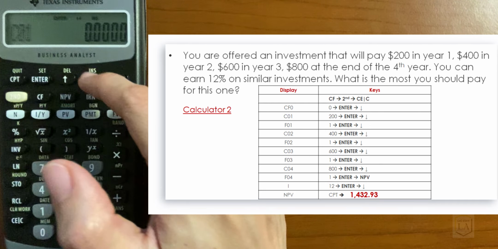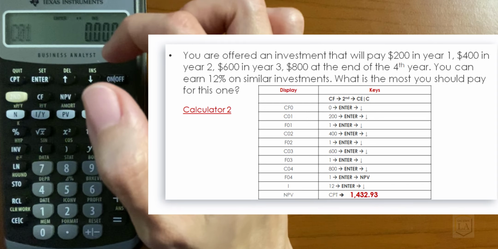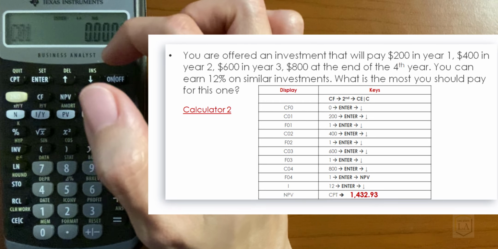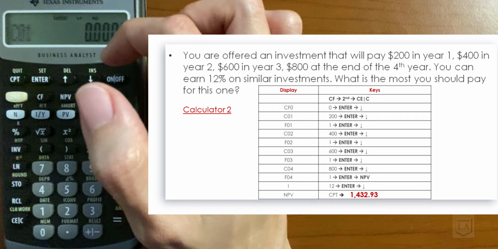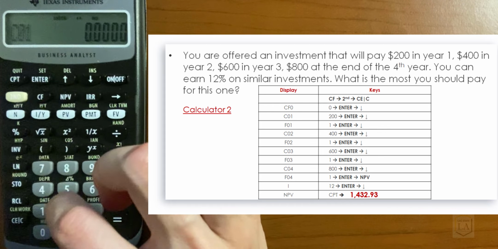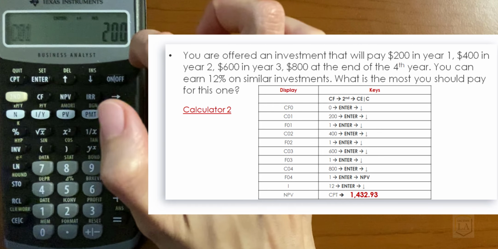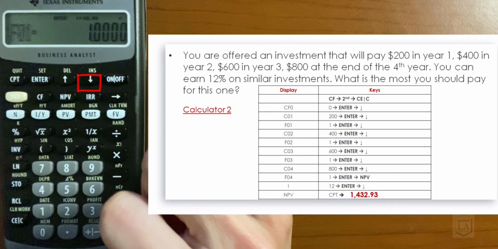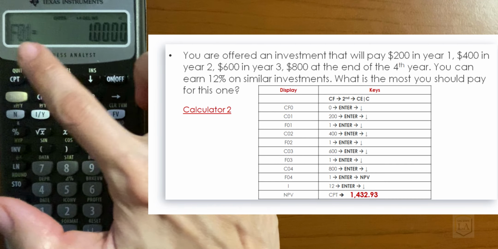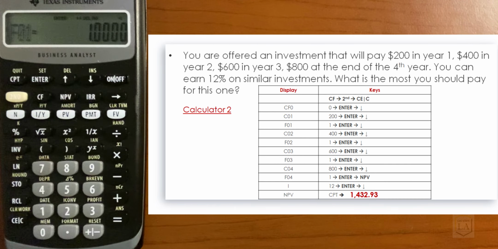Then once you have down arrow key entered, you will see C01, which means cash flow in year 1. Right? And in year 1, your cash flow amount was 200. So you input 200, enter that number and then go down. Down arrow key, and you will have F01. F stands for frequency.